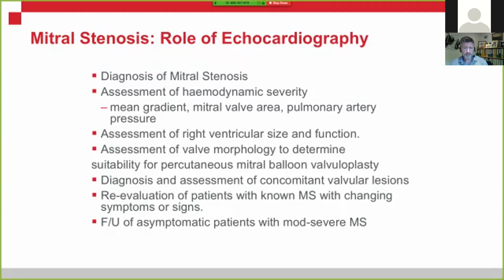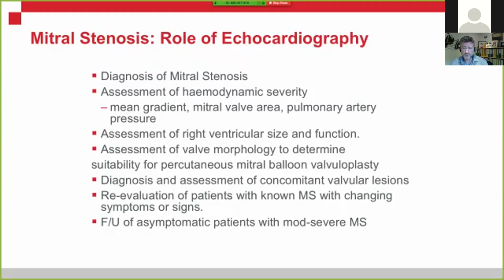Certainly we use echo to assess the hemodynamic severity, looking at the pressure gradient across the valve, estimating the valve area, and seeing if there are any signs of increased right-sided pressures in the pulmonary artery, pulmonary hypertension. Assessment of valve morphology is important to see whether or not this may be amenable to percutaneous valvuloplasty or repair. Looking as well to see if there are concomitant valvular lesions.